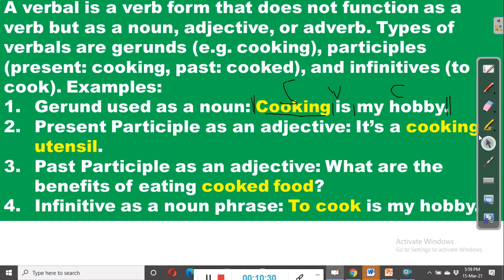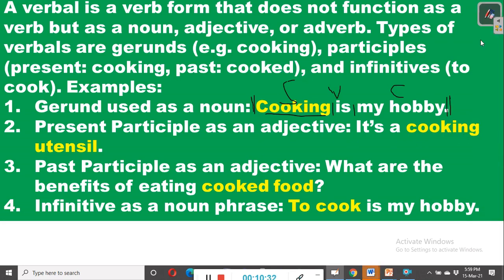All right. Now, it is a cooking utensil. So, cooking here is the present participle. And here, cooking is used as an adjective.